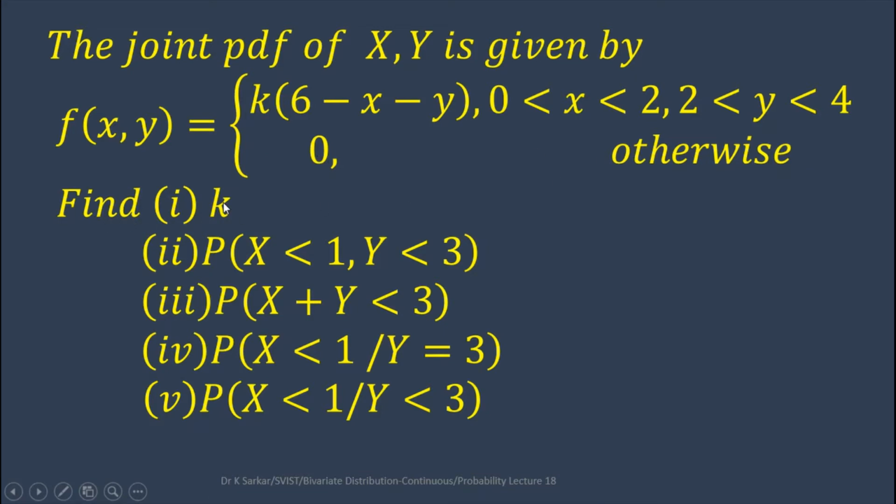Find k, find the probability for x less than 1, y less than 3, find the probability of x plus y less than 3, find the probability for x less than 1 when y equals 3 is given, and when y less than 3 is given. We can find the value of k, which is 1 by 8.